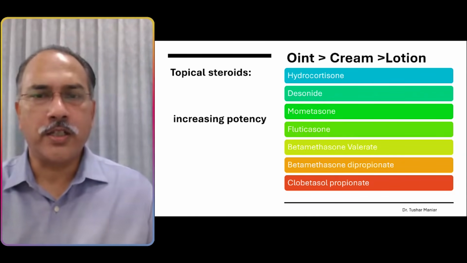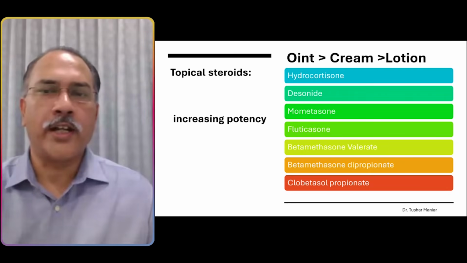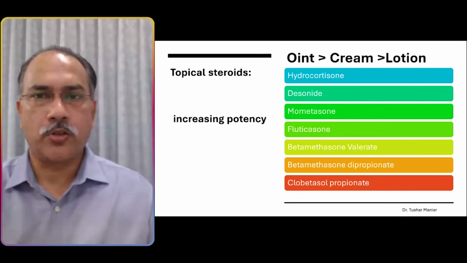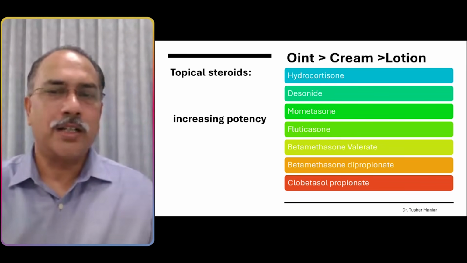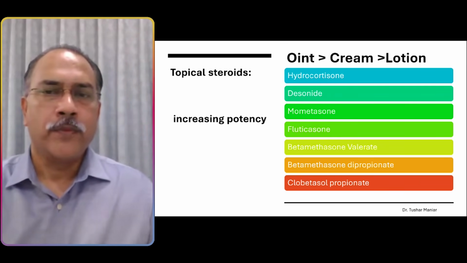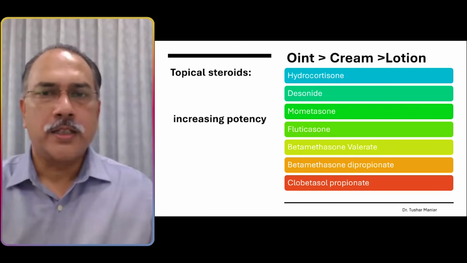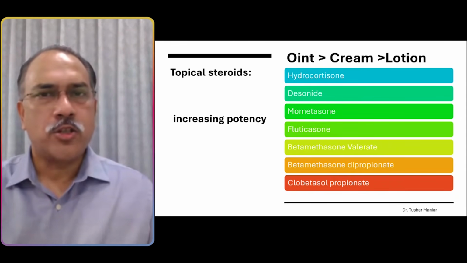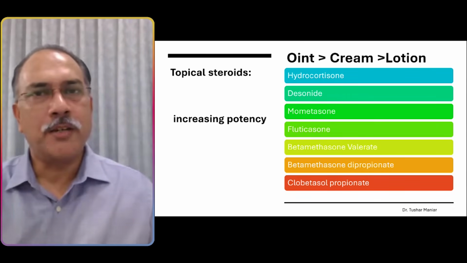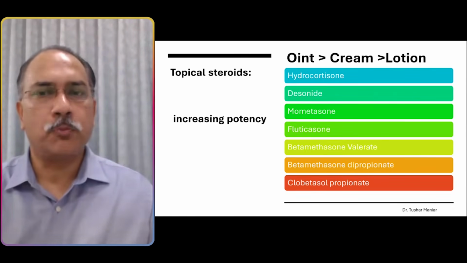When we are talking about potency, if you see here from blue to red, it is in increasing potency of topical steroids. And believe me, I have not taken all of them because it will just confuse you further. I would remember it this way. Hydrocortisone is the mildest of all. Desonide is another one which can be used for smaller babies without much problem.